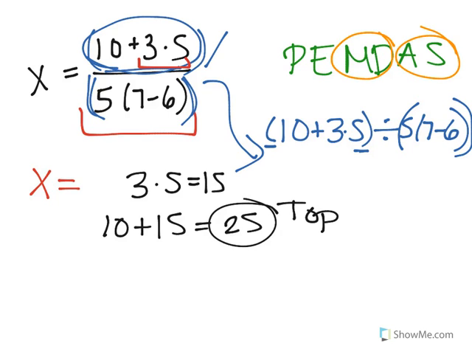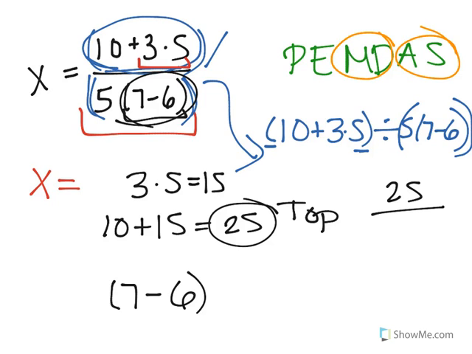And now we must divide the top by the bottom, but we do not know what the bottom is. So we have parentheses. We will do that first. Whatever is inside the parentheses first, 7 minus 6 is equal to 1. Since there is no operation between the 5 and the parentheses, we know that we must multiply. So this is equal to 5 times 1, and 5 times 1 is equal to 5.